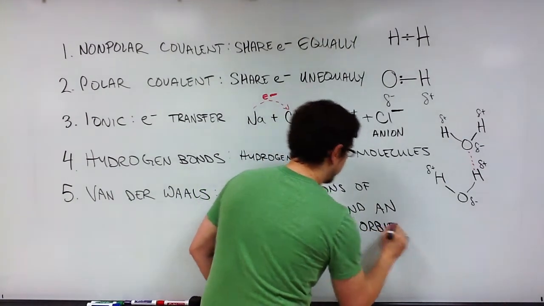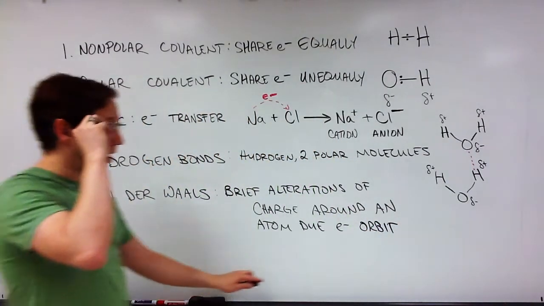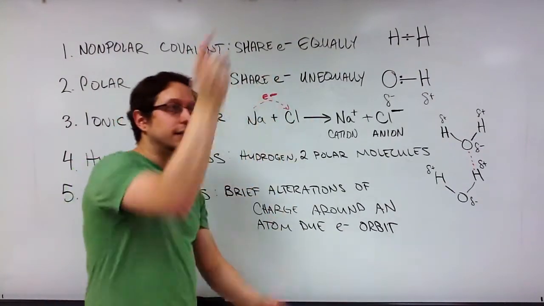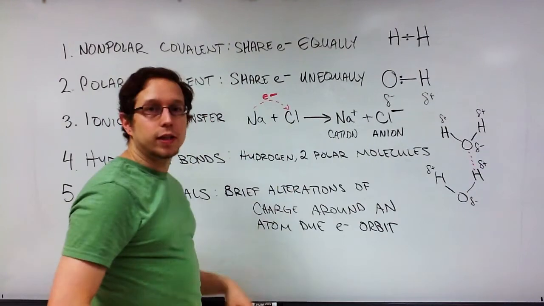So in other words, as we discussed in lecture, these electrons aren't static. They're not staying in place. They're constantly orbiting around the nucleus of these atoms.